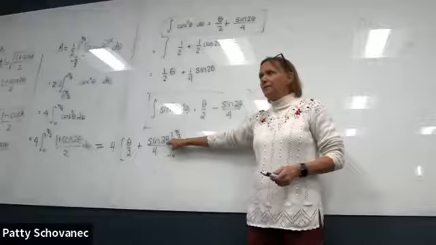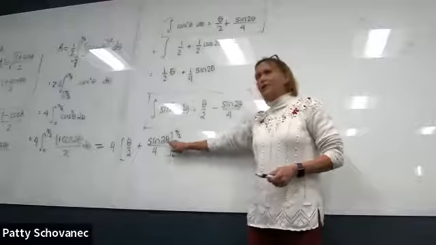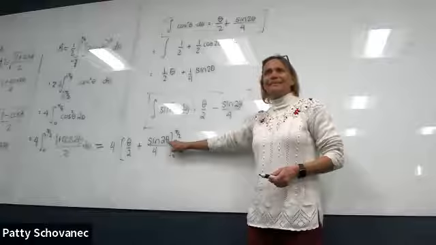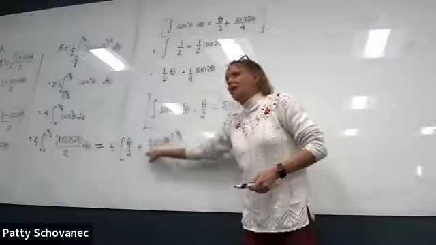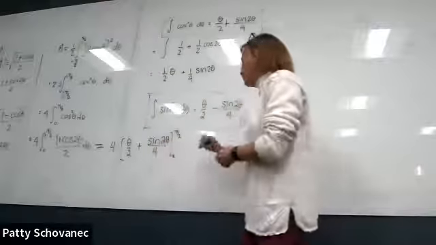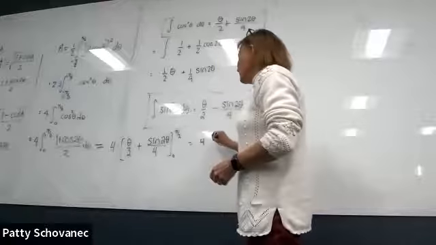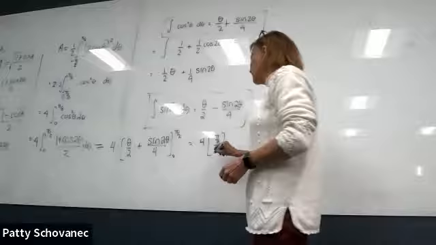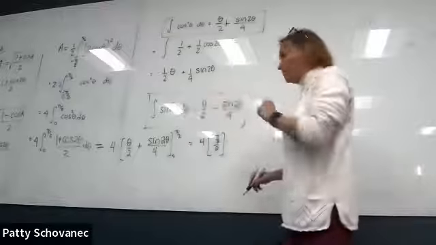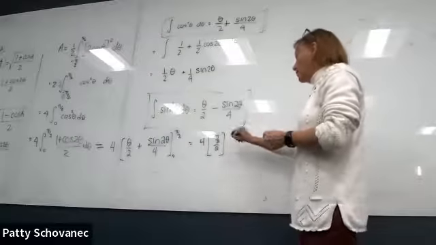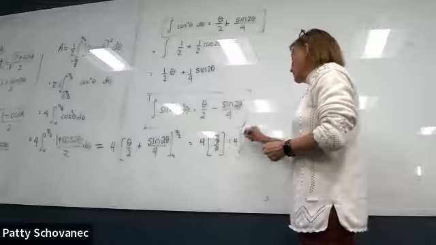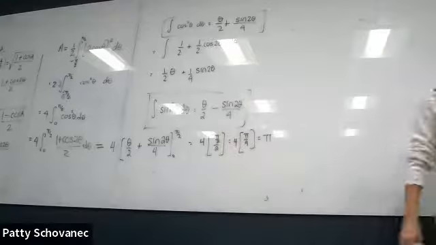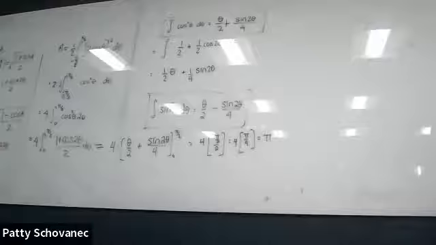Sine of pi is 0. Multiply by 2, I get 0. Guess what the sine of 0 is? 0. So this term provides nothing. So I get 4 times pi over 2 over 2, put a 0 in there and I get 0. Pi over 2 over 2 is pi over 4, and I get pi. Good.